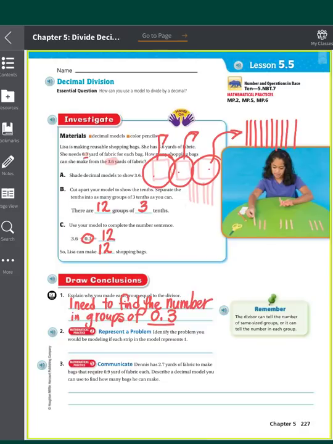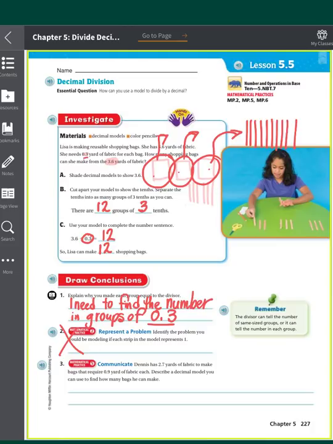Okay. We're going to skip number 2, and we're going to look at this one. So number 3, it says Dennis has 2.7 yards of fabric to make bags that require 0.9 yards of fabric each. Describe a decimal model you can use to find out how many bags he can make. So we can shade our decimal models.